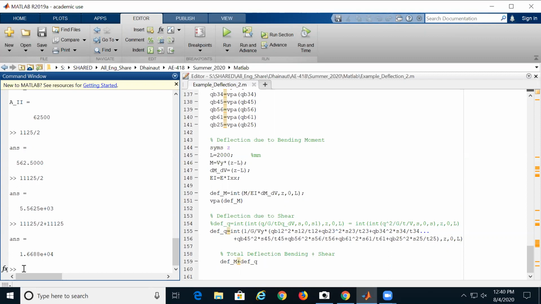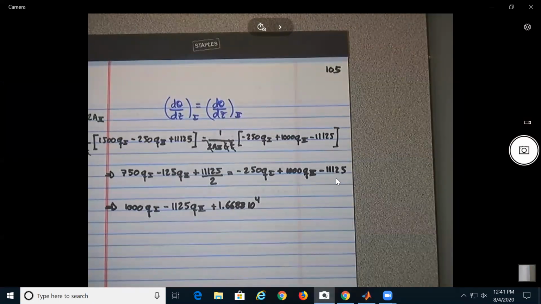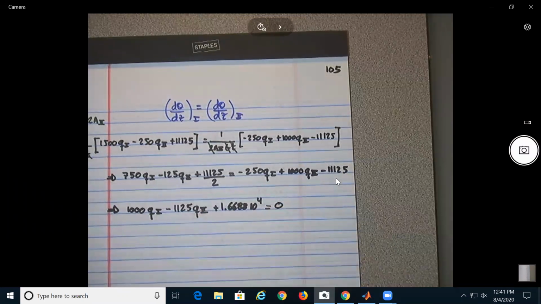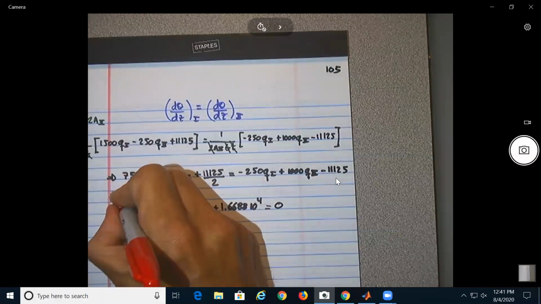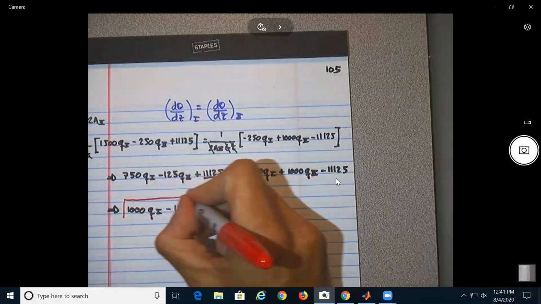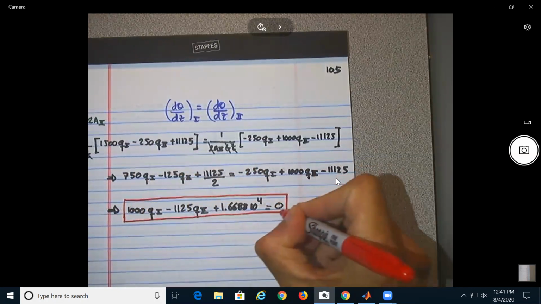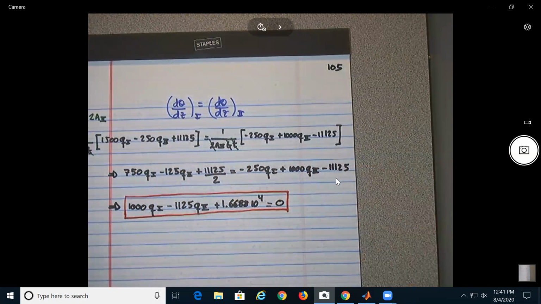So whatever that is, it's 1.6688 times 10 to the 4th, if I didn't make any mistake, equal to 0. And this should be our equation 1.